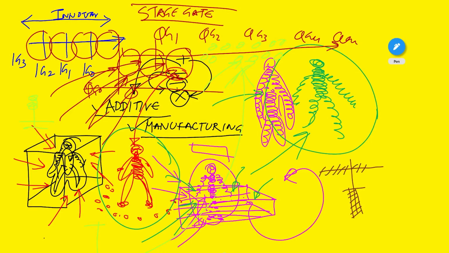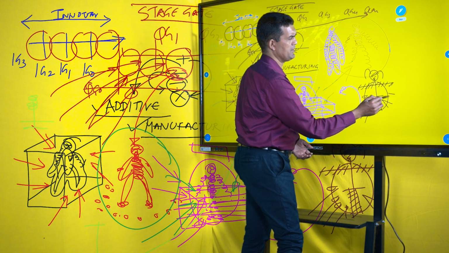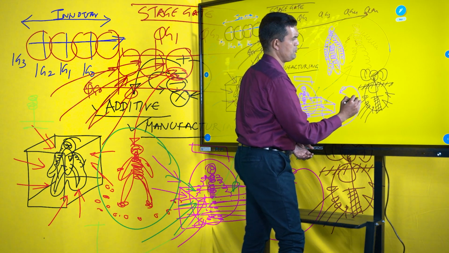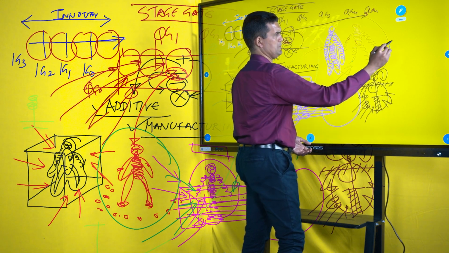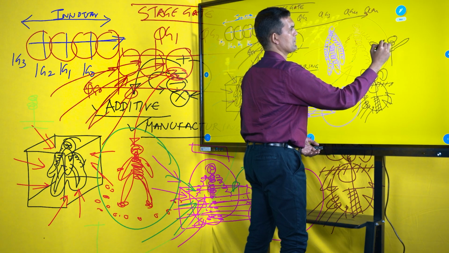On top of this, you build the frame of the idol, and on top of it, you start applying typically pliable material like clay. Typically you use one layer of basic clay and then another layer and then another layer, and then you create a Ganesha or a Durga or a Kali or whatever. This is nothing but additive manufacturing.